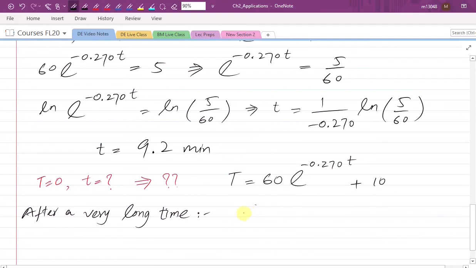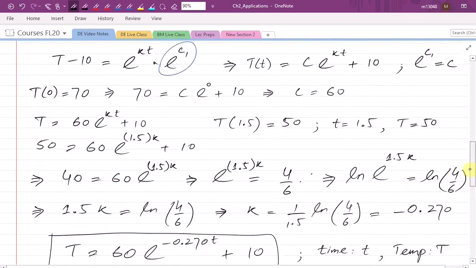Do you remember limits? They were in calculus. We say limit t approaches infinity of 60 e power minus 0.270t plus 10. What is the limit when e has a negative power? It is 0, because 1 over e power something will go to 0, and our answer will be 10. That should be the answer actually.